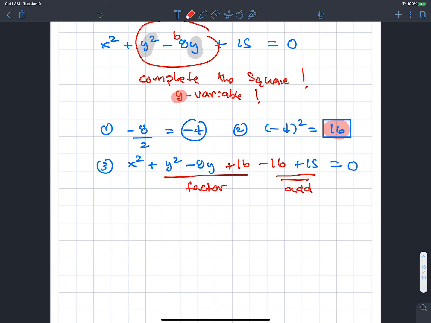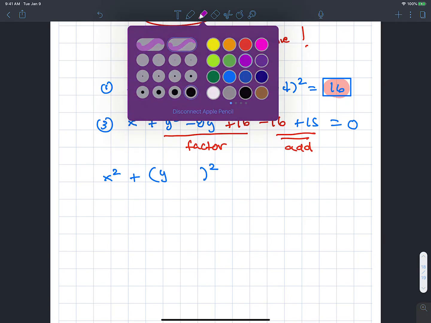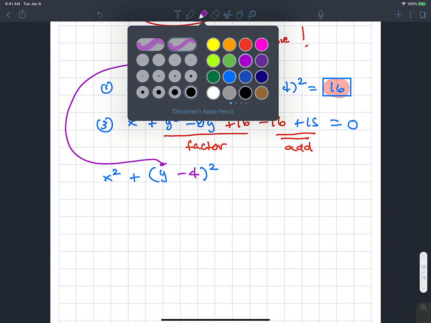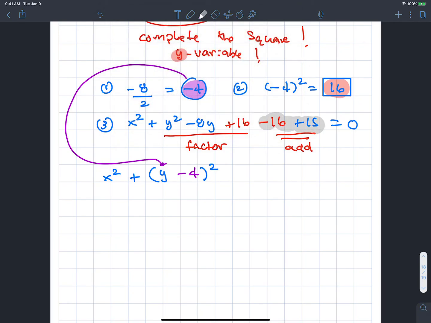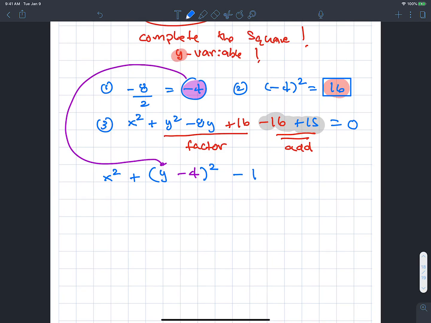We didn't do anything with the x squared. So it's the same process, but I'm completing the square with respect to the y variable. So I get x squared plus, remember, don't really factor. Use the value found in step 1. That's a -4. So I'm going to use that value here, -4. And then over here, you say, aren't I supposed to add? I get -16 plus 15. You do. And what is that? That's -1.